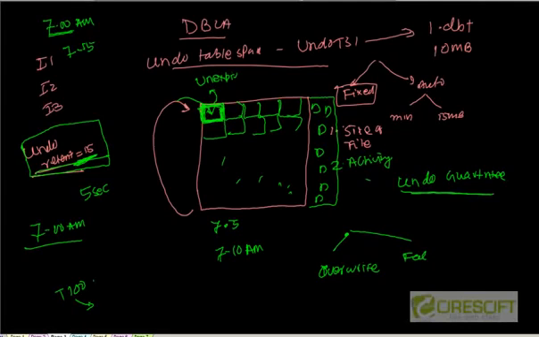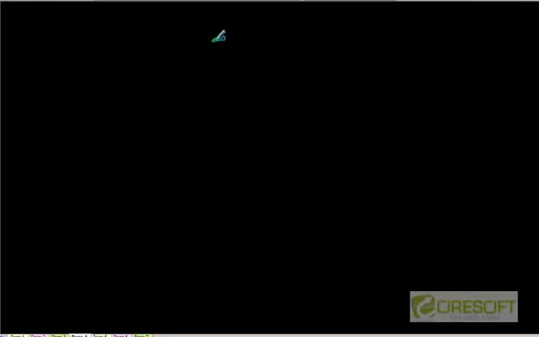So here is the deal. Let's summarize whatever we have learned so far. Undo can be managed in two ways: one is automatic, another is manual. Starting from Oracle 11g, it is highly recommended that you use automatic, and that is the way I should go. I don't want to do it the manual way.